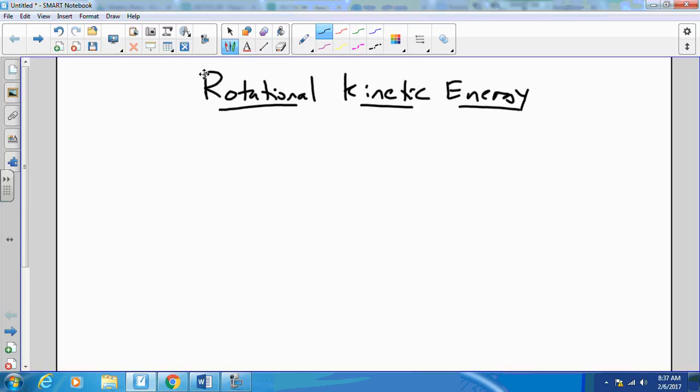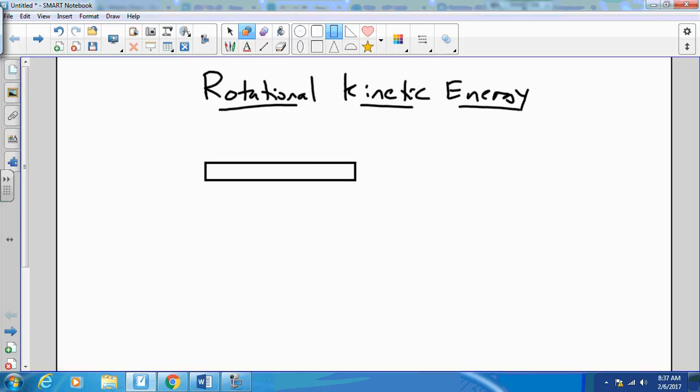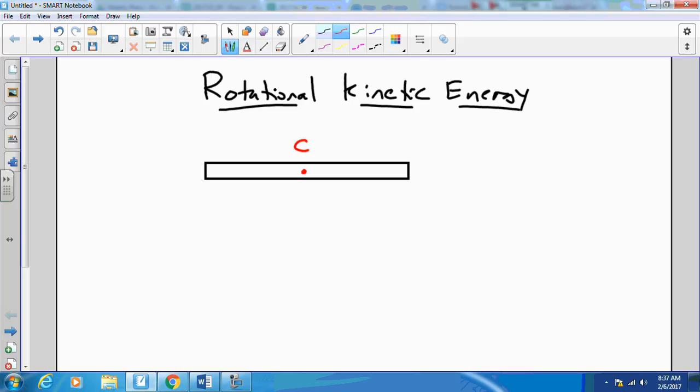So I want to begin by considering just a bar that is rotating about its center of mass, C, right here, with a speed omega.